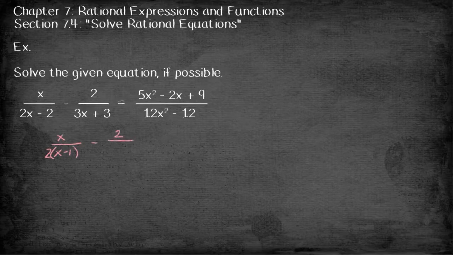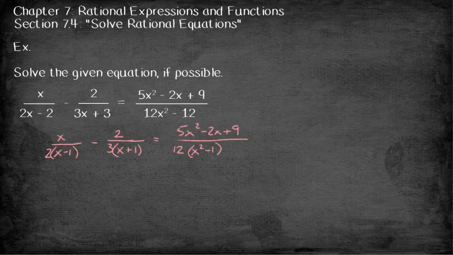And the second fraction, the denominator has a common factor of 3. And on the right-hand side, the fraction has a denominator that has a common factor of 12. And then we end up with x squared minus 1, which actually, you know what, let's rewrite that now.